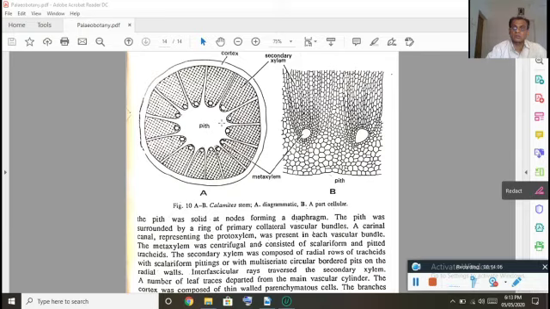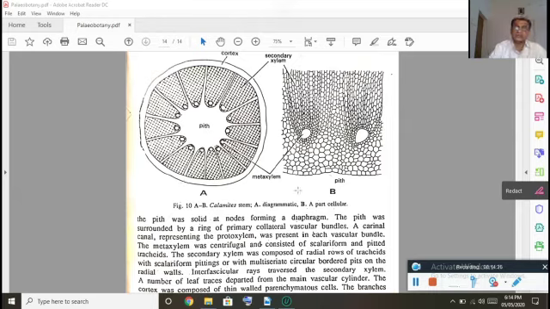But now, the living pteridophytes we have, we don't see the secondary growth. So this is how xylem helps in the conduction of water and minerals, and the phloem helps in the conduction of food materials. So that's all about the internal structure of the Calamitis stem.